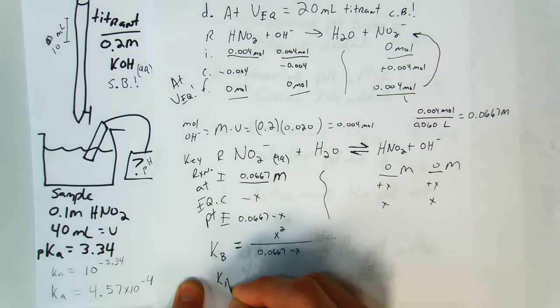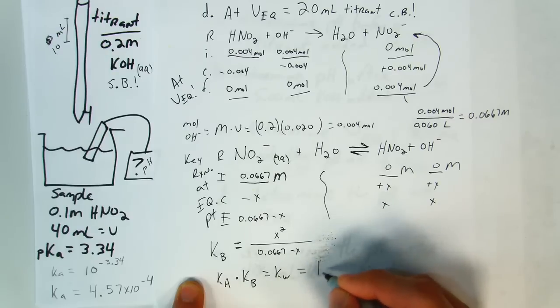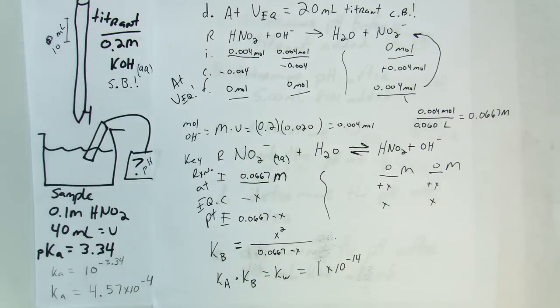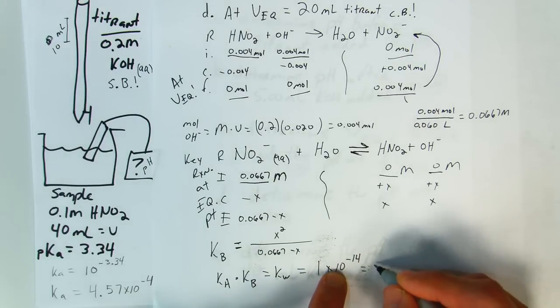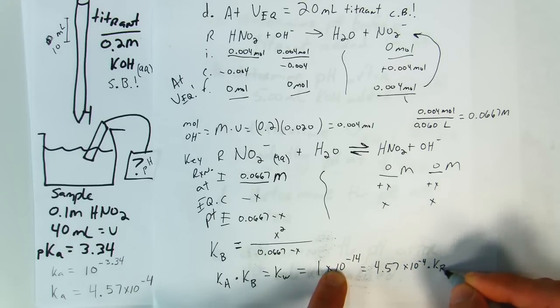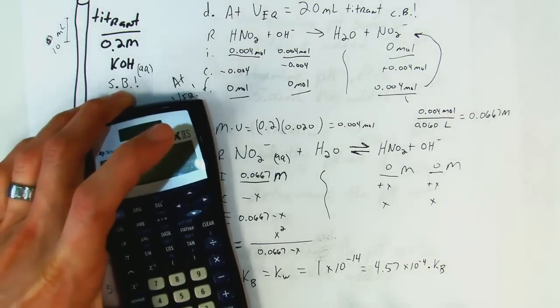So I need to remember that Ka times Kb is equal to Kw, and at room temperature, that's 1 times 10 to the minus 14th. So I can basically solve for Kb, and sometimes you need to do that in these problems. Writing everything out, Kb times Ka has to equal that number, and then I just do the math, right?